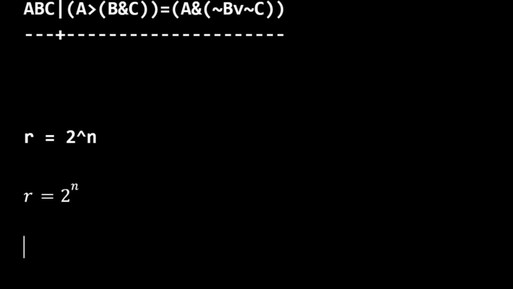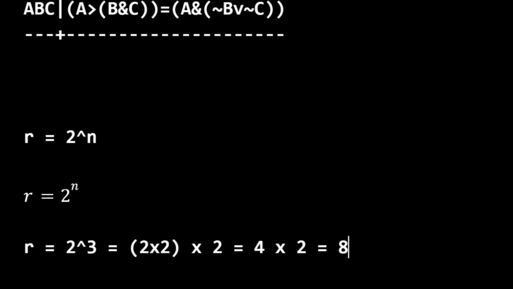Now, in this example here, there are three variables, so n is equal to 3. So that means that the number of rows is equal to 2 raised to the third power, which is equal to 2 times 2 times 2 equals 4 times 2 equals 8.